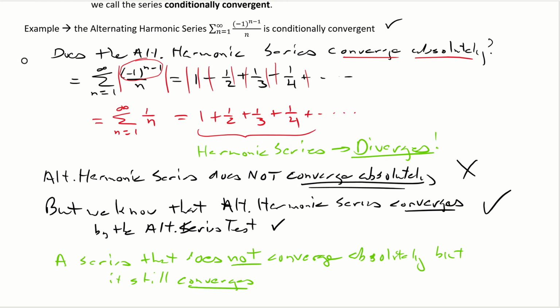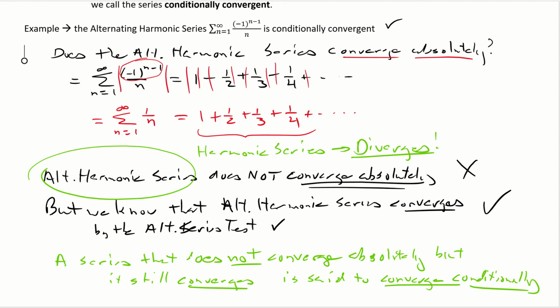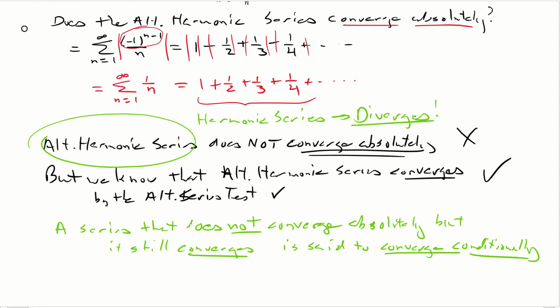Well, a series that does that is said, this is a new word for us, to converge not absolutely, but conditionally. Okay, so the alternating harmonic series is an example of that. So we could say something like, we just found something out new this video. The alternating harmonic series converges conditionally.